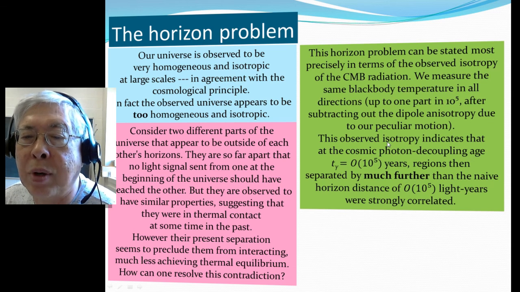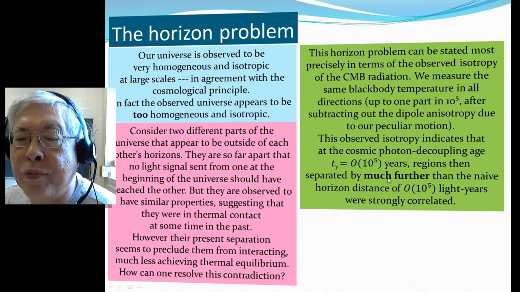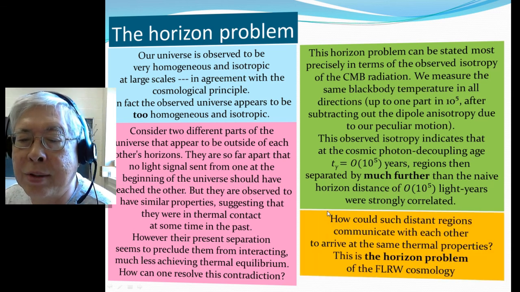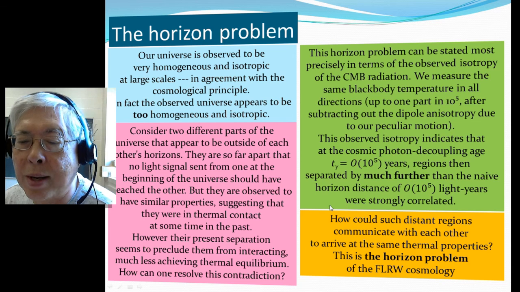This observed isotropy indicates that at the cosmic photon decoupling age, about 10 to the 5th years after the Big Bang, regions then separated by much further than the naive 10 to the 5th light years were strongly correlated. That's a puzzle. How could such distant regions communicate with each other to arrive at the same thermal properties, the same temperature? So this is the horizon problem of the FLRW cosmology.